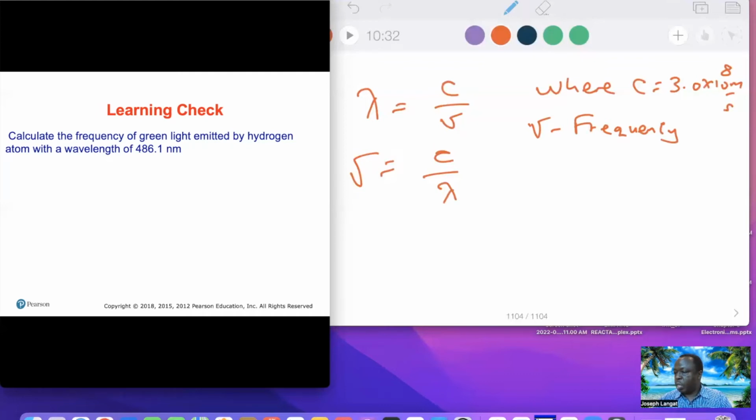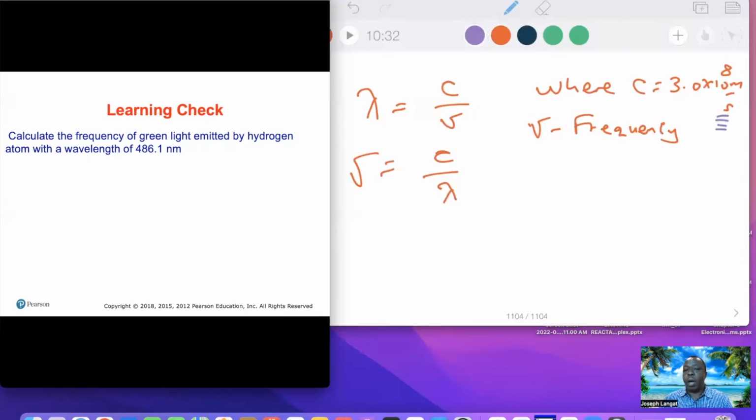Now, since the units are in meters per second, we need to change the wavelength to meters. You can't just plug in the numerical value given. You may see it in the multiple choice, but that does not mean it is correct.